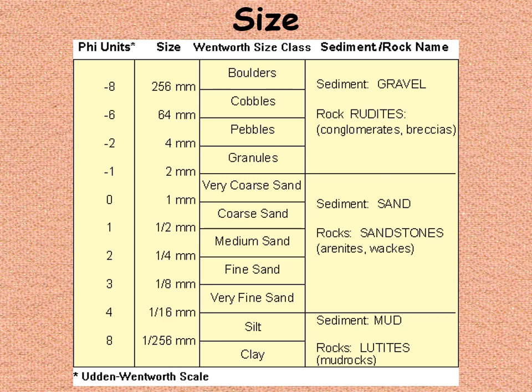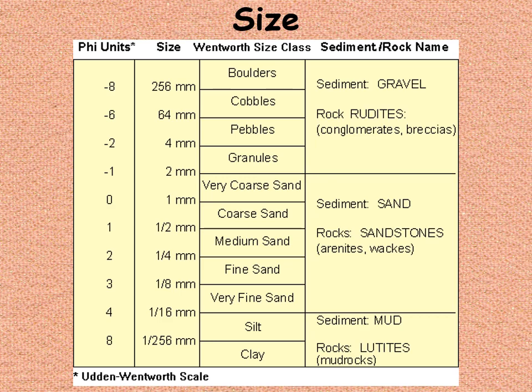And depending on that, Udden and Wentworth classified the sedimentary size into 7 groups.